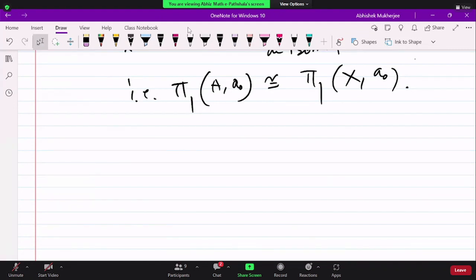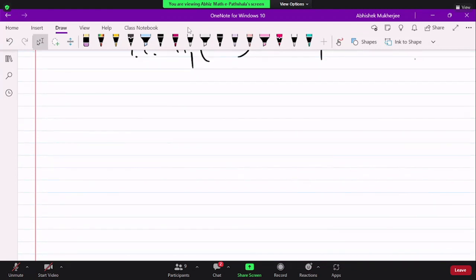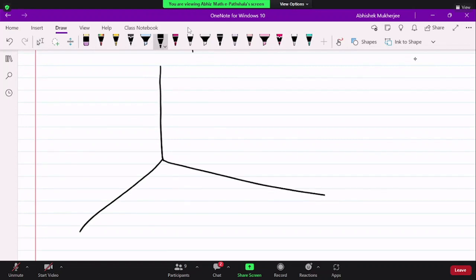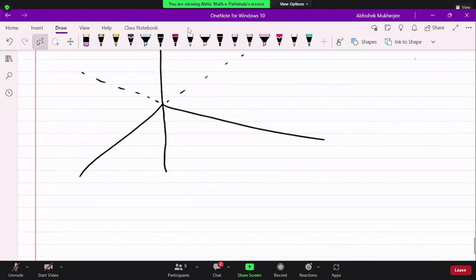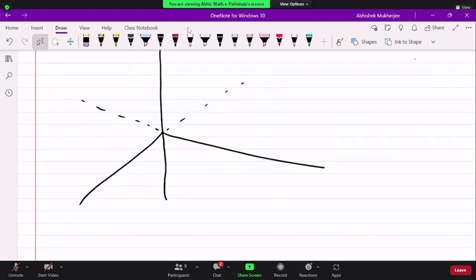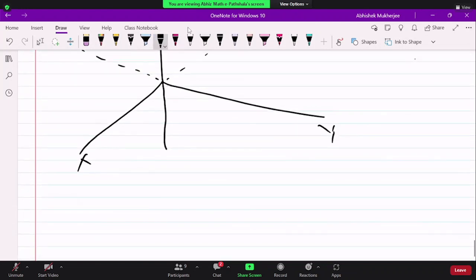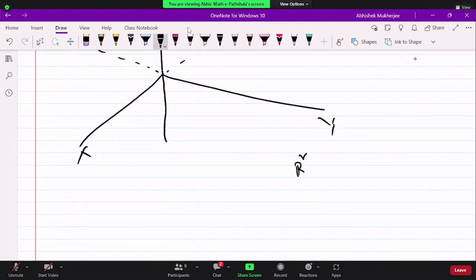Great. So after doing this identification of these two groups isomorphically, one will see that it holds not only for the punctured plane. If you look at this space R3, and this is your XY plane, so this XY plane, let us call it R2 minus 0.